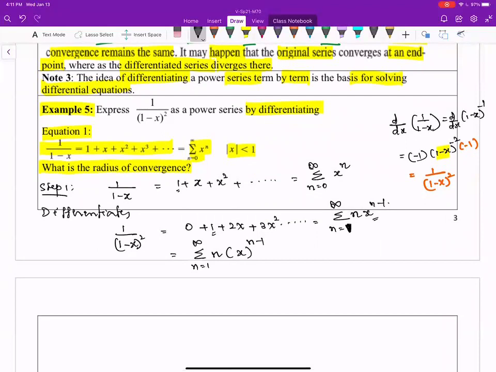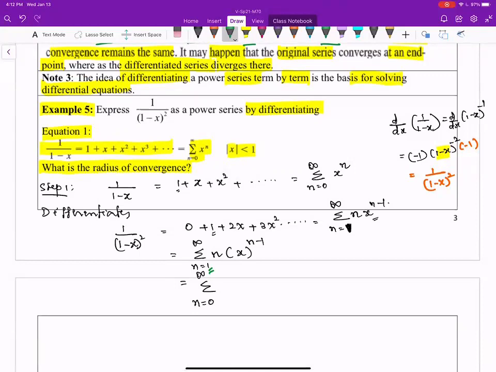If we want to write this sigma for 1 over (1 minus x) squared starting from n equal to 0, what you are doing is pushing this value 1 to the left by 1 unit. You are going from 1 to 0, moving backwards 1 unit.